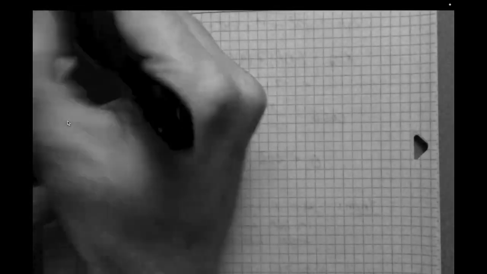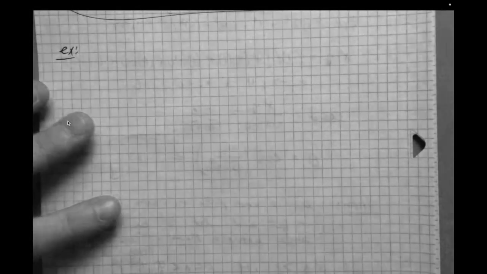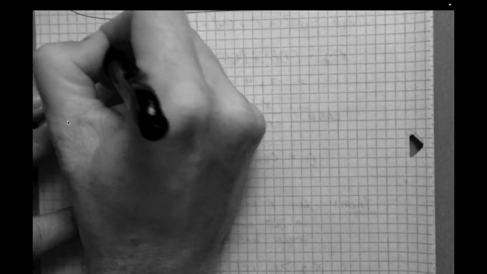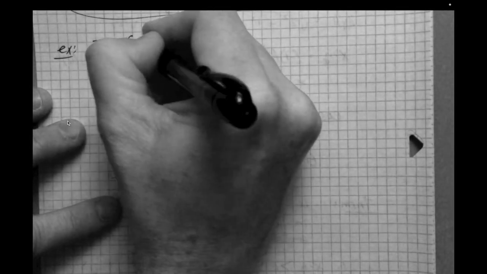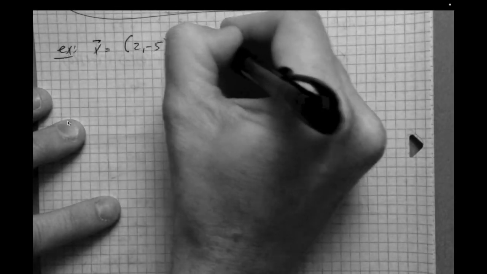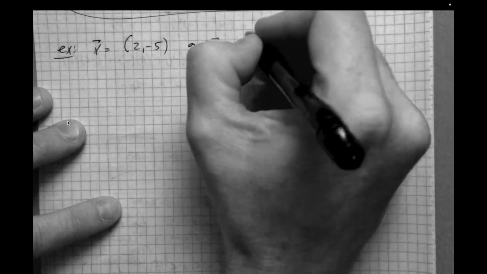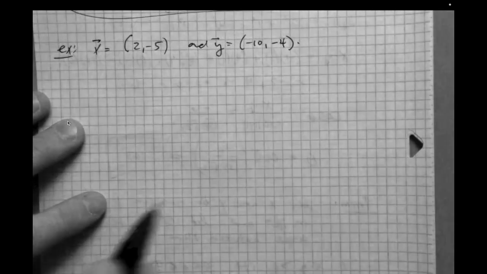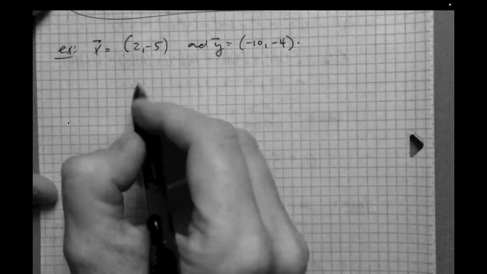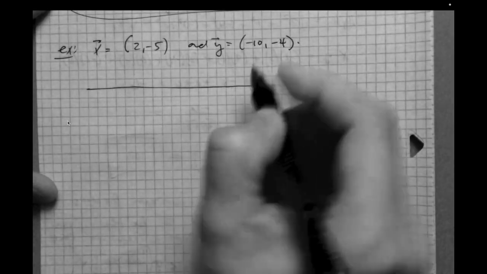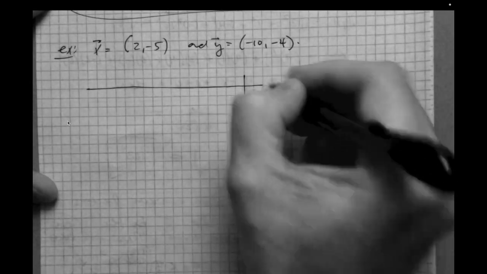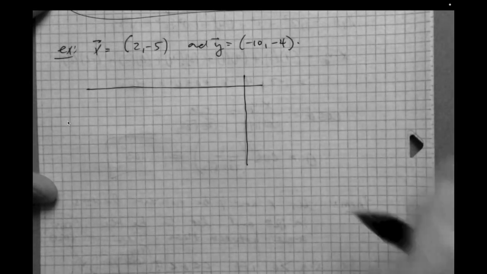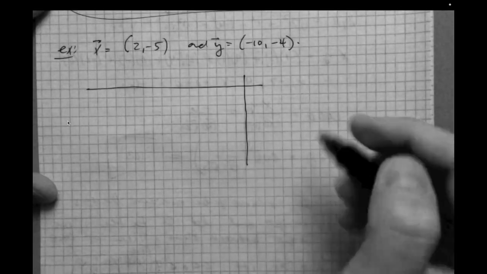So let's look at an example here. Let's consider x equal to (2, -5) and y equal to (-10, -4). Let's plot these two vectors. This is the x-axis, and we're dealing with the third and fourth quadrants here.